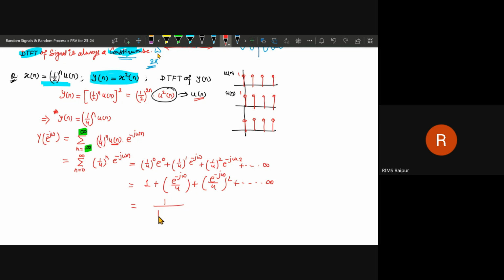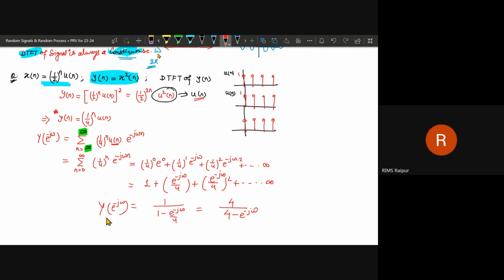So it will be 1 upon 1 minus e raised to power minus j omega by 4. After simplification, we will get 4 upon 4 minus e raised to power minus j omega. Yes. Any doubt? So this will be the DTFT of that signal.